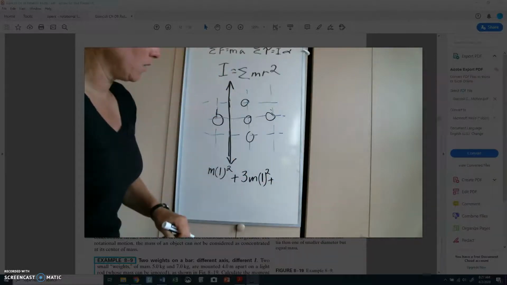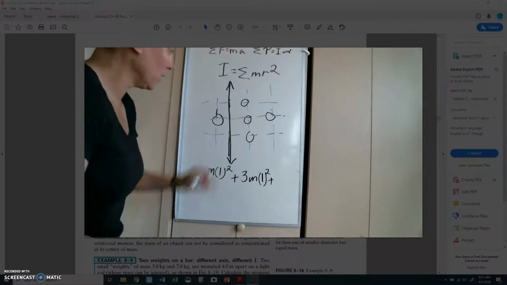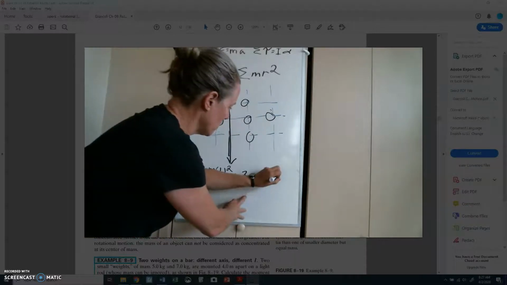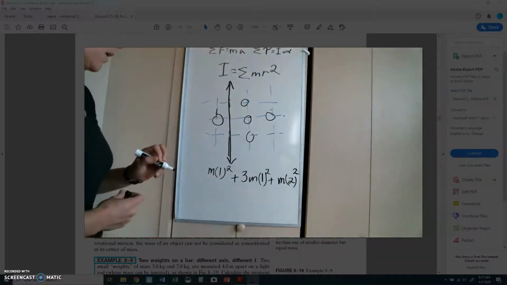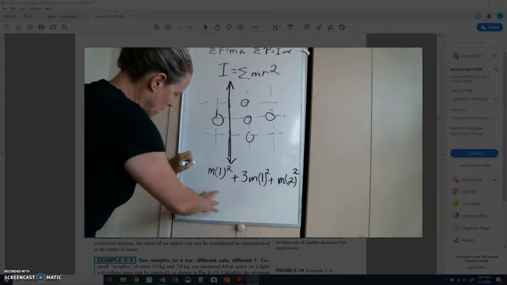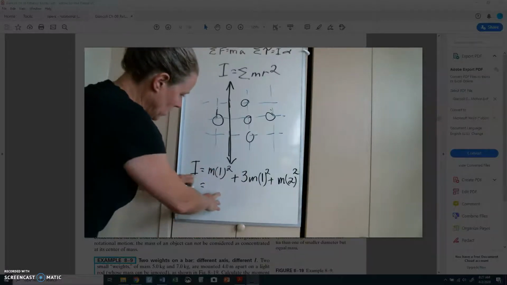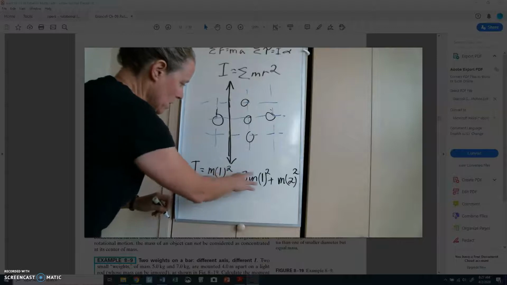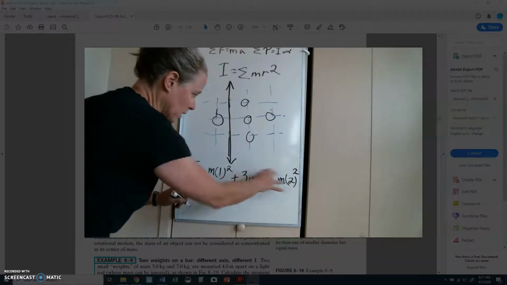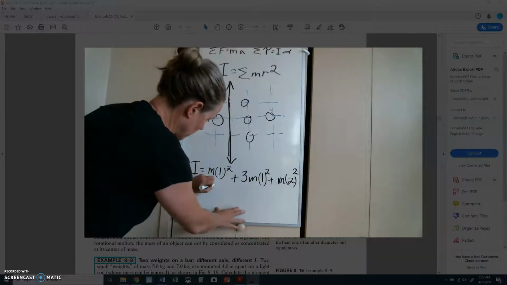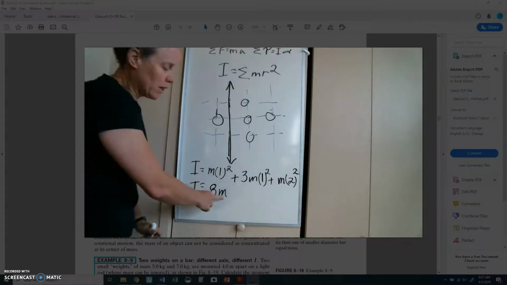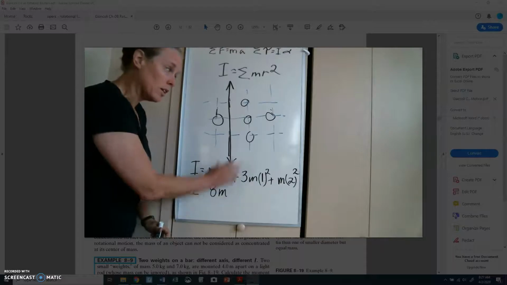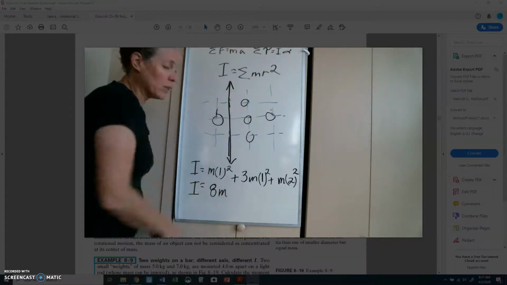And the final one is 2 distances away, but there's only one m, at 2 squared. Even though I don't know my mass, they are equivalent, so I've got 1m, 3m, so 4m here, and another 4m, for a total of 8m of rotational inertia. You could calculate this for each of those items and figure out which one had the highest.